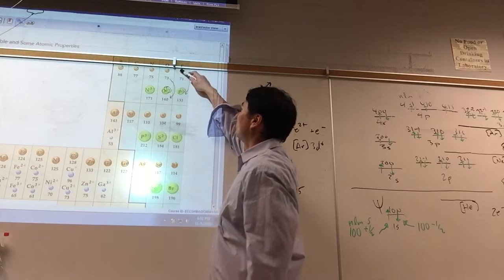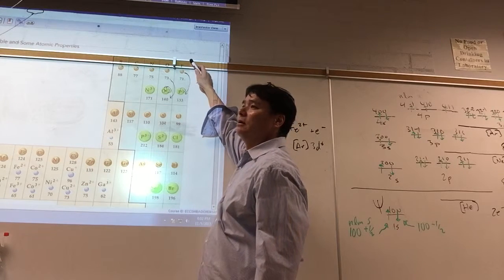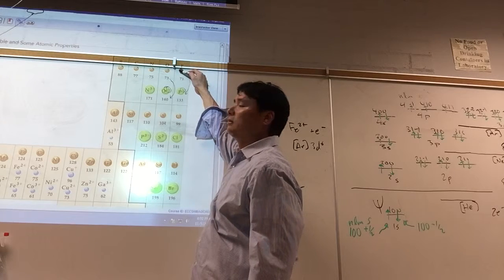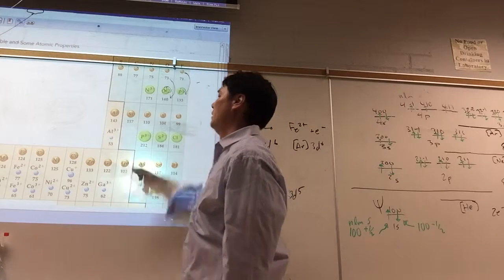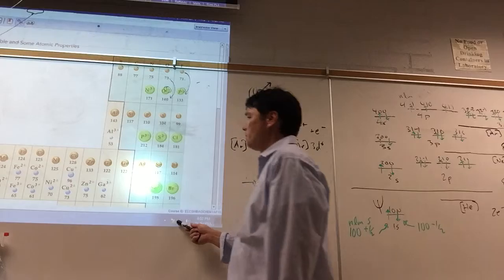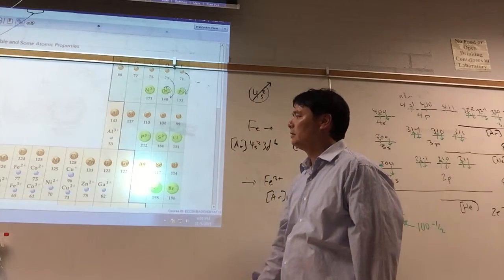The smallest neutral atom is at the top right, because it has the fewest shells and the highest Z effective. For the ions, the smallest ions are going to be on the left, the biggest ions on the right. The smallest ion will be at the top left, the biggest ion will be at the bottom right. And so it's flipped.